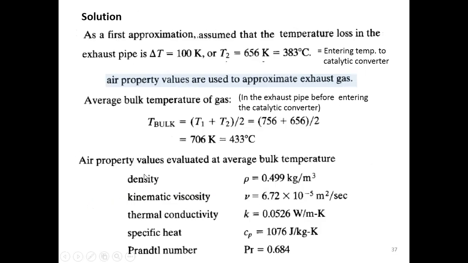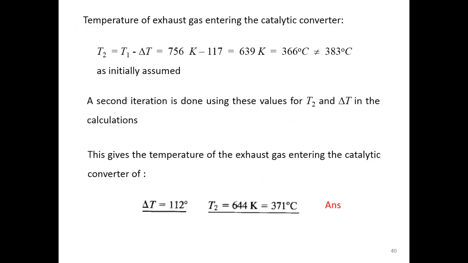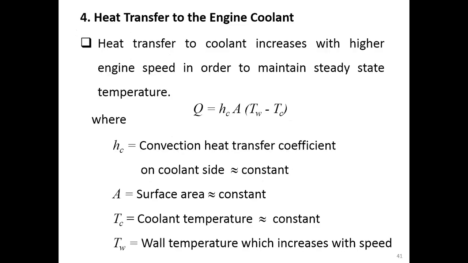So you can see the temperature drop of about 112. And this temperature drop represents the amount of heat transfer from the gas through the exhaust pipe wall. Okay. So that is the example.